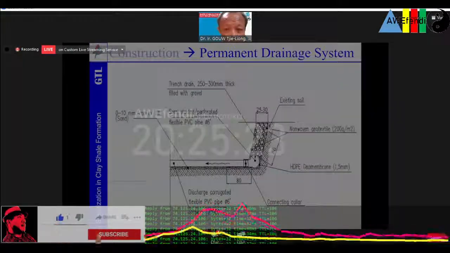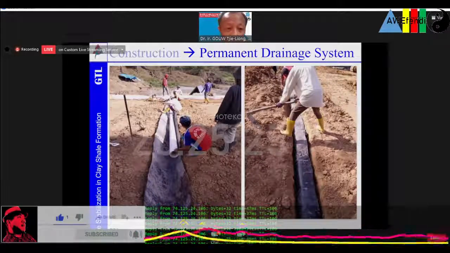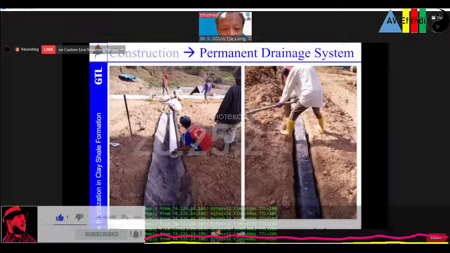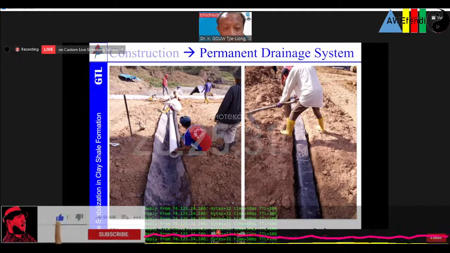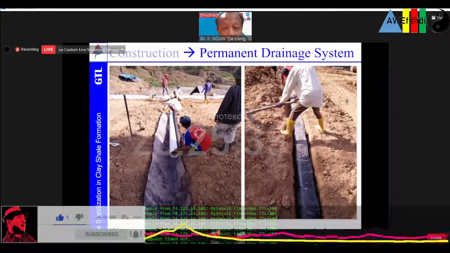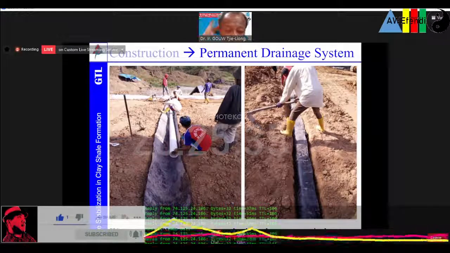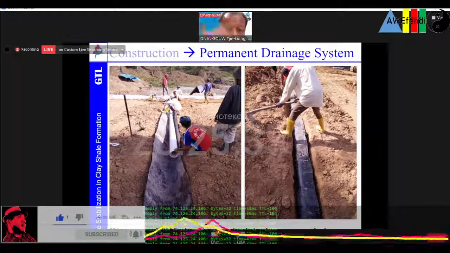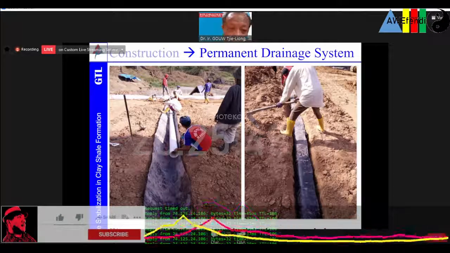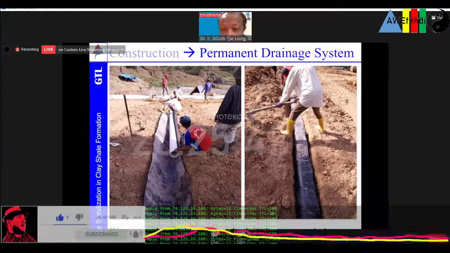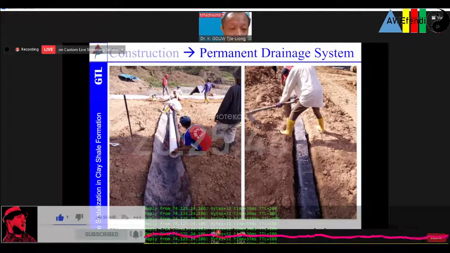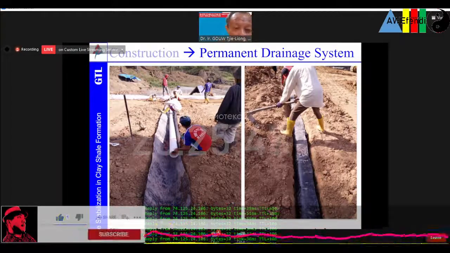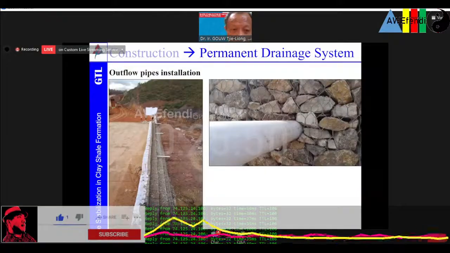What I worry about is that if the pipe is leaked or broken, it will just seep into the ground, and then it will go into the clay shell below. Therefore, I require the project to wrap the pipe around with geomembrane like this. Then bring it out. Eventually it will be like this.